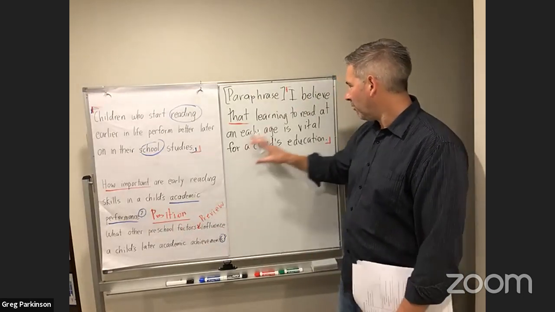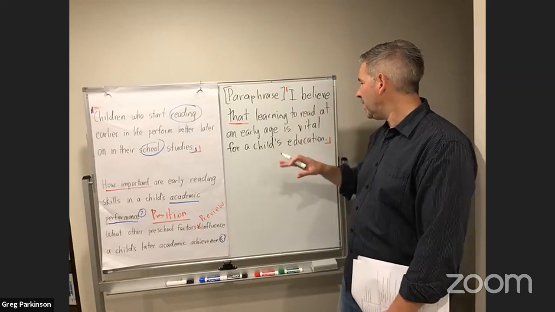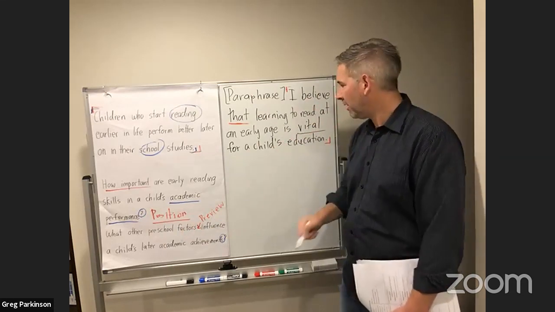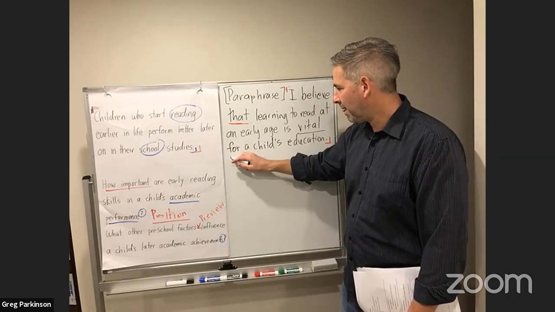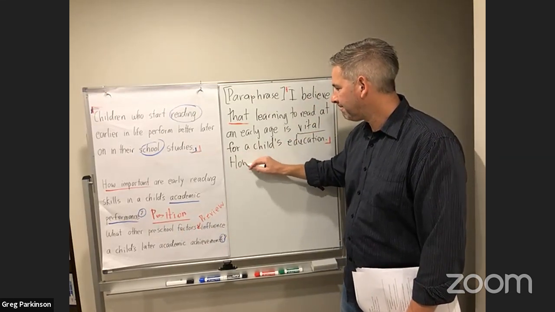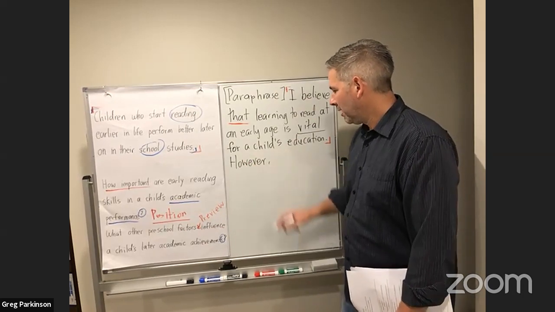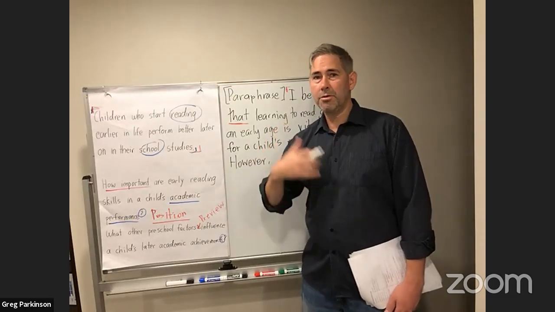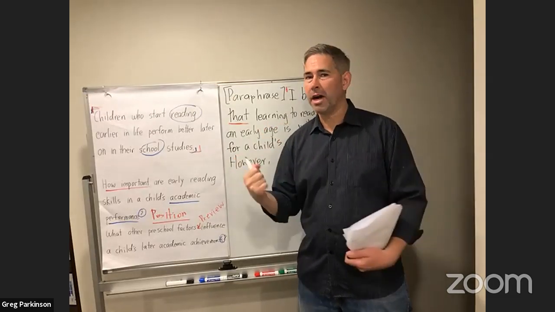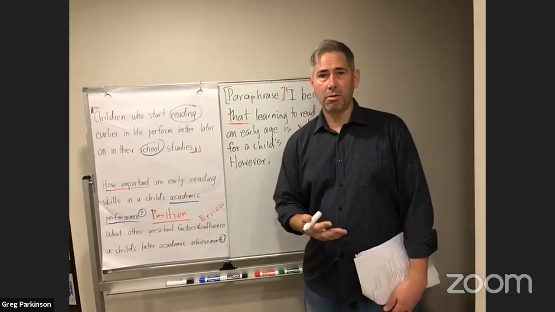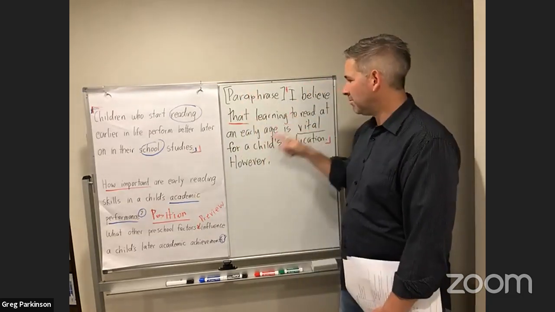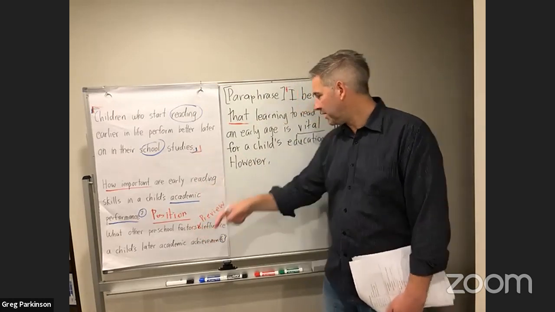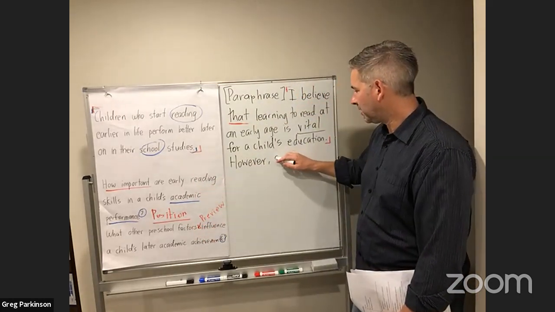Now, while I'm saying that learning to read at an early age is vital or very important, in other words, I might also say, however, and these two main points could be in one paragraph or two main body paragraphs, depending on how many ideas you have. Personally, I'd probably look at this as one main body paragraph and then a paragraph each for these two main points. I'll say social skills.